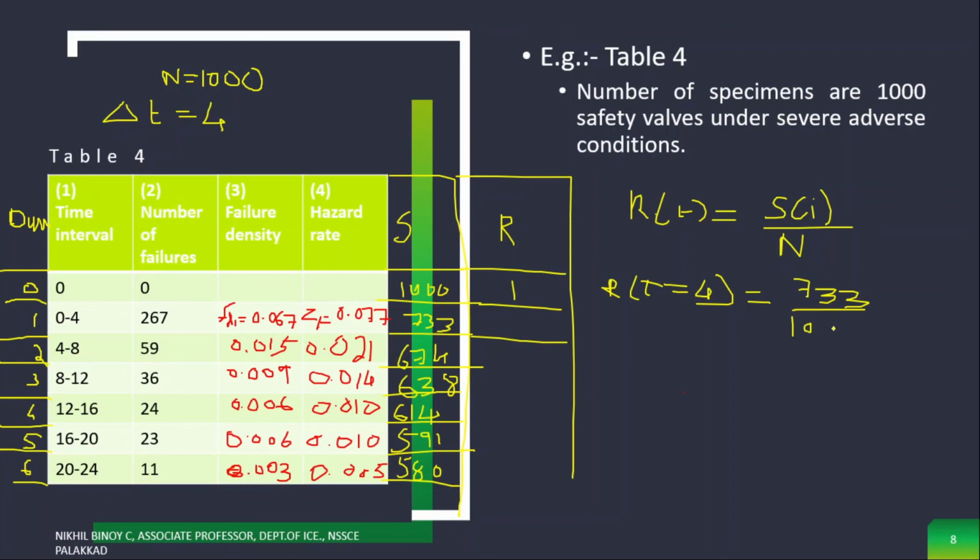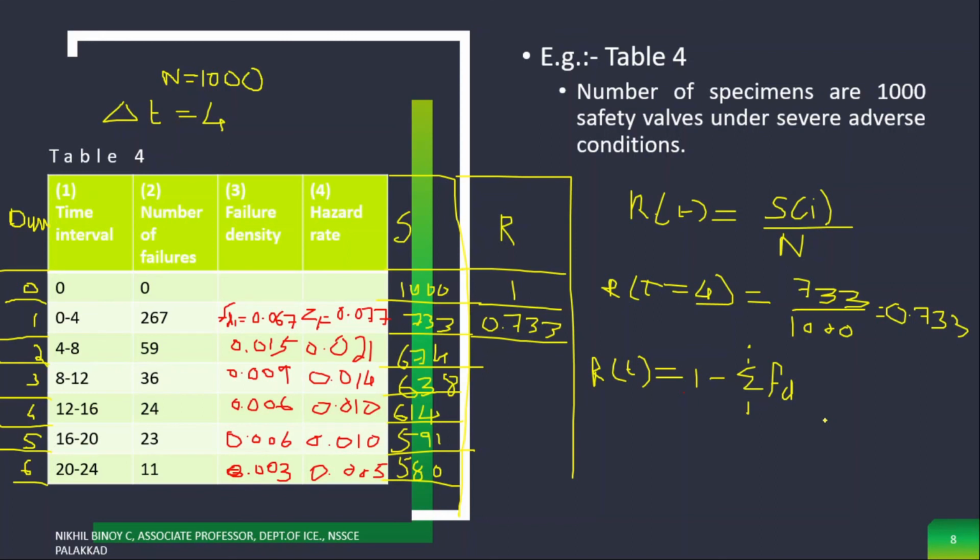So this is equal to 0.733. So reliability after t equal to 4 or after the first interval is 0.73. This is one method. We can use one more method. What is that? R of t is equal to 1 minus sigma 1 to I fd.